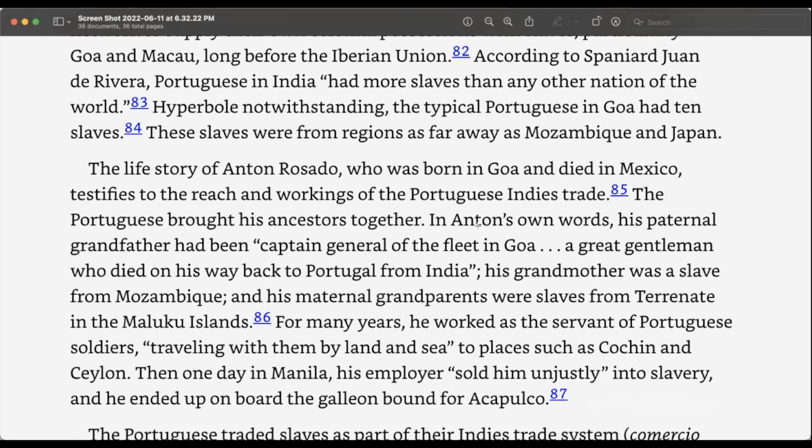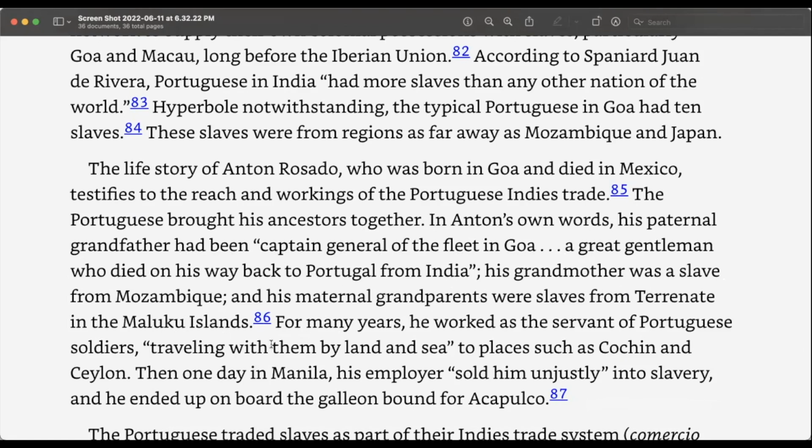The Portuguese brought his ancestors together. In Anton's own words, his paternal grandfather had been Captain General of the fleet in Goa, a great gentleman who died on his way back to Portugal from India. His grandmother was a slave from Mozambique, and his maternal grandparents were slaves from Trinidad in the Maluku Islands.